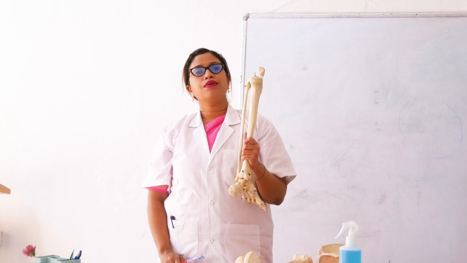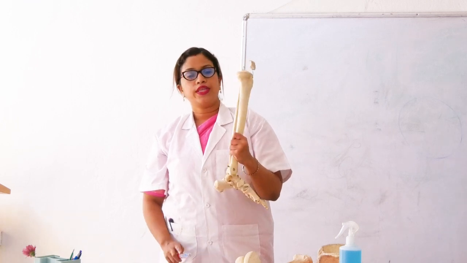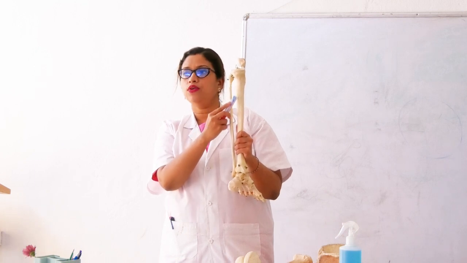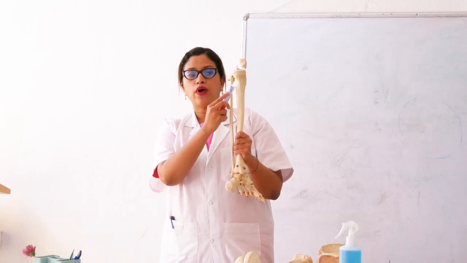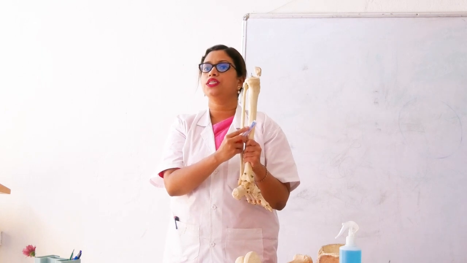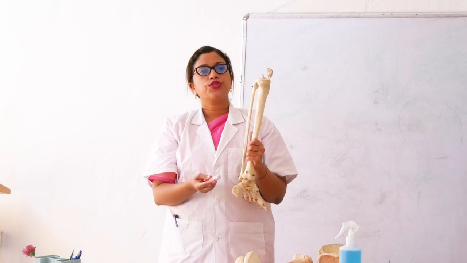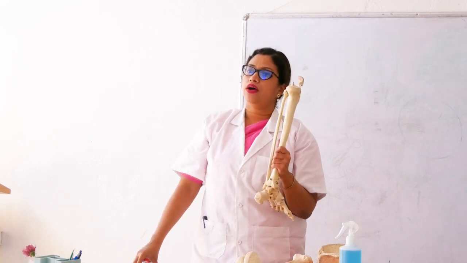Now you all have studied tibia, right? There is something known as the soleal line. So throughout the whole soleal line there will be origin of soleus. And the insertion, along with the two heads of gastrocnemius, is the triceps surae.